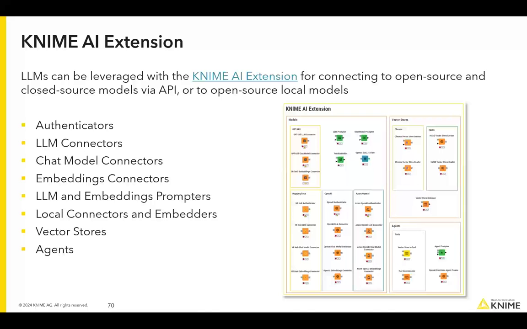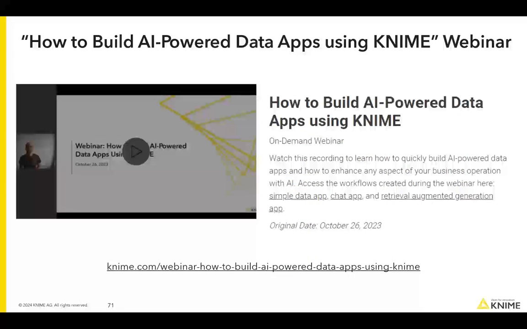So the nodes work both for text and for image generation, or for tasks that have to do with images or text. Here we also have a little webinar that the developers of the extension ran in October last year, just for you to watch at home if you're interested.